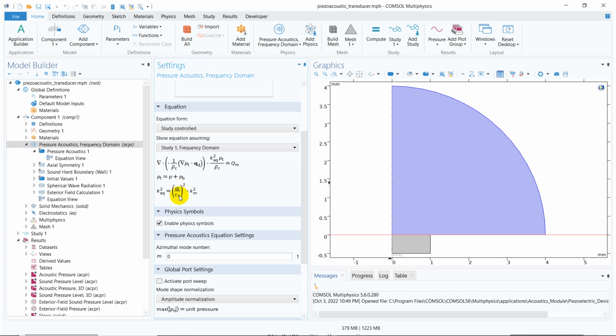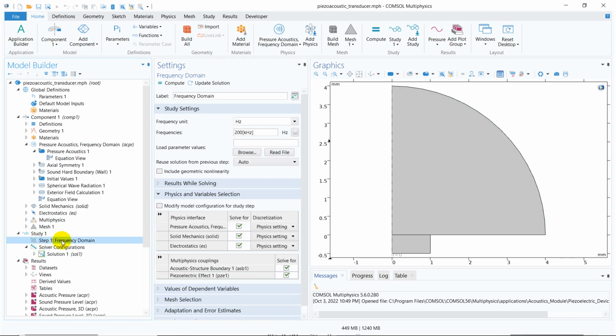The idea was to understand the equation in a better way, to understand each and every term, so that we can relate our case with the COMSOL equation. Now this is the equation which we are solving for the pressure acoustics, and again I am telling you this is in the frequency domain. When you take the frequency domain, your study should also be frequency domain.